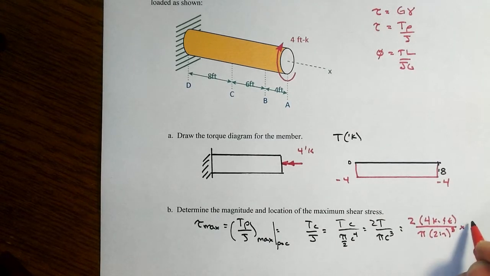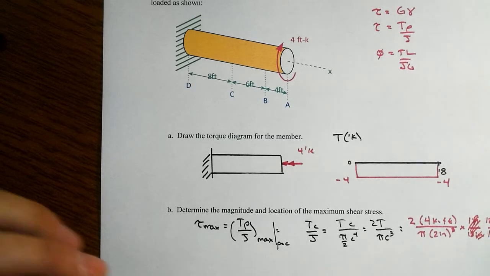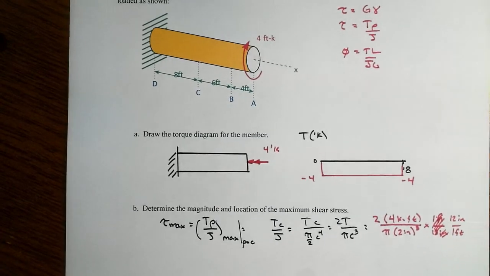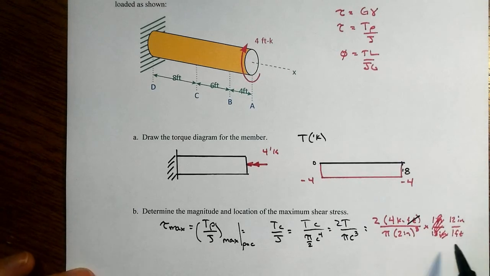That's a little odd, so let's convert the feet into inches. Well, let's do that conversion correctly, huh? 12 inches over 1 foot. There we go. That might make a little bit more sense.